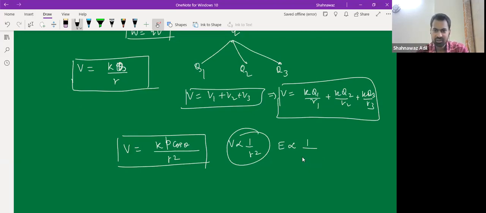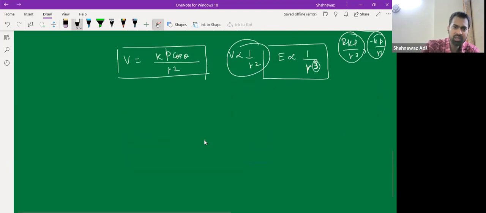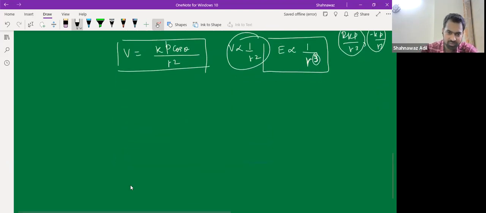Electric field for the case of dipole varies as 1 by R cube. So it is 2Kp by R cube on the axial line, and minus Kp by R cube on the equatorial line. So R cube, right?